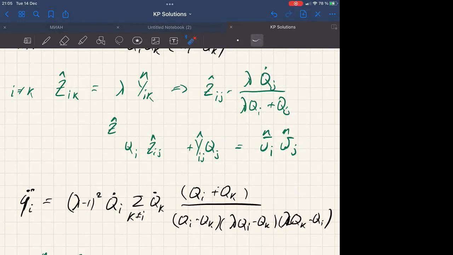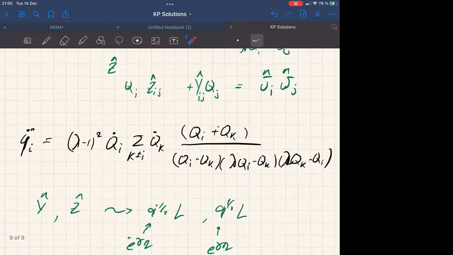But it looks like if you put lambda equal to minus 1, it is not exactly the rational Ruijsenaars-Schneider model. It's kind of a degeneration.